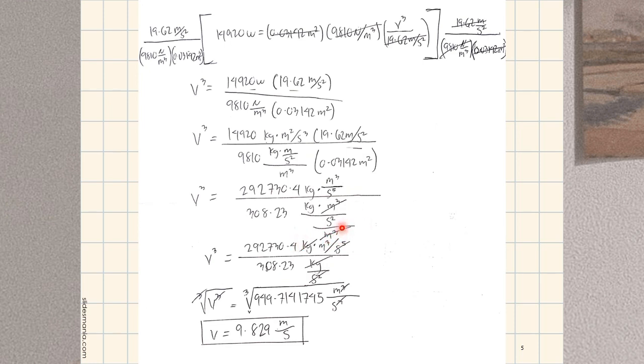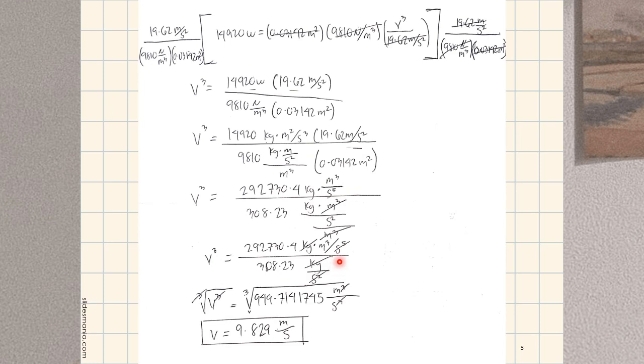So cancel the same unit, and next we have V cubed equals 292,730.4 kilogram times cubic meter over second to the 5 divided by 308.23 kilogram per second squared. So cancel the same unit.